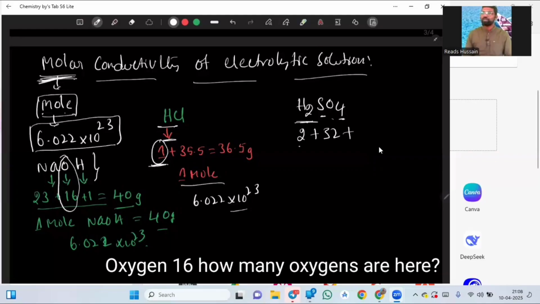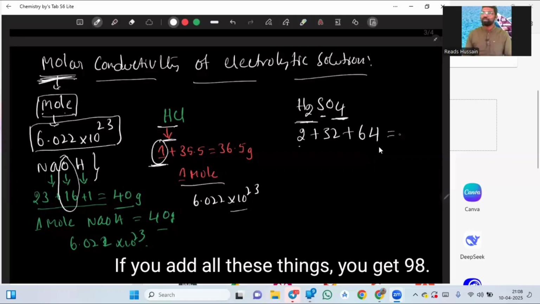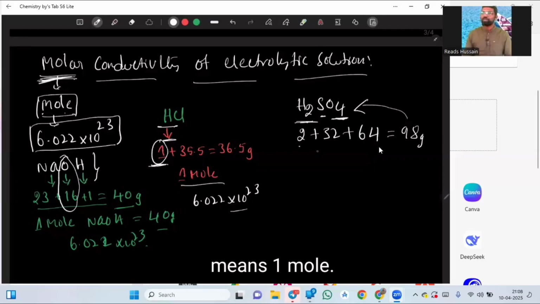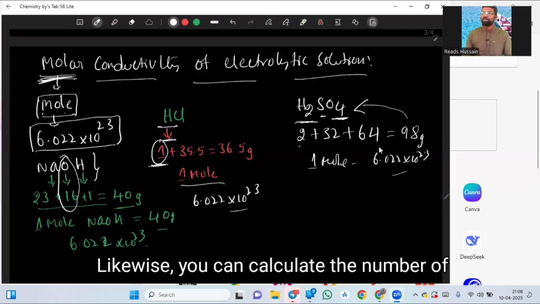How many oxygens are here? Total 4 oxygens are there. 16 fours are 64. If you add all these things, you get 98. So 98 grams of sulfuric acid means 1 mole. That 1 mole consists of 6.022 into 10 raised to 23 molecules. Likewise, you can calculate the number of moles.